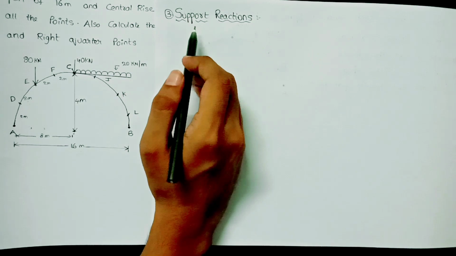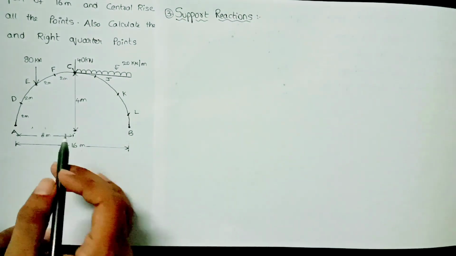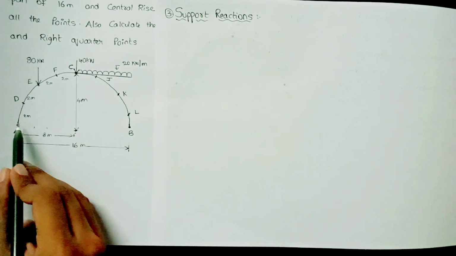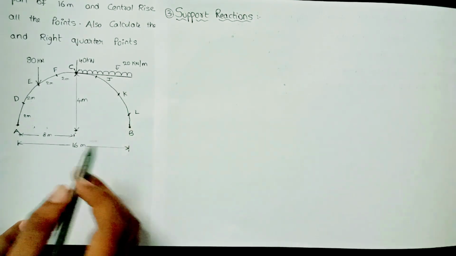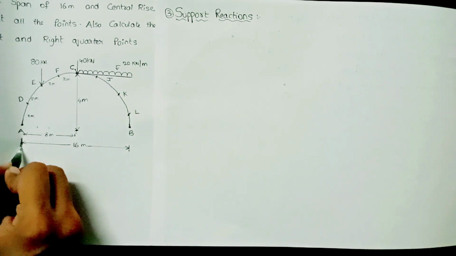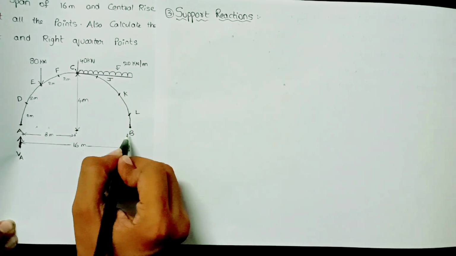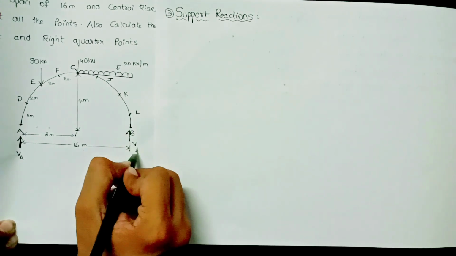Now the next step is to calculate the support reactions. To calculate the support reactions, we have one hinge here and another hinge here. At the hinged support we will have one vertical reaction, let it be VA, and at the other hinged support another vertical reaction, VB.